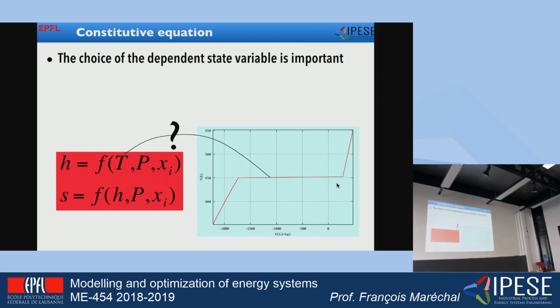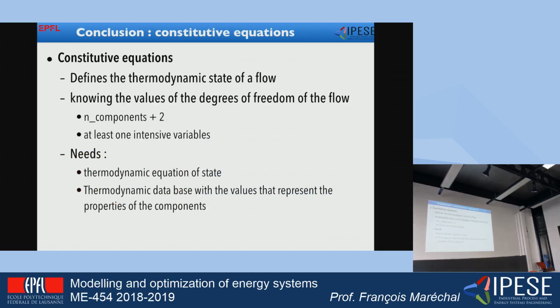Now I have shown you that we have a tool which is named the constitutive equation, that is able to calculate the thermodynamic properties of a state as soon as we fix the value of n plus 2 variables, which are the degrees of freedom.